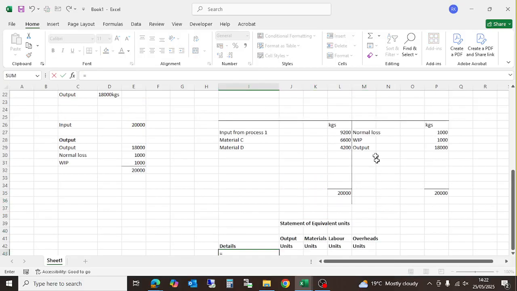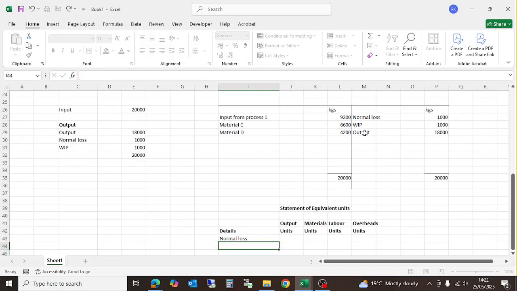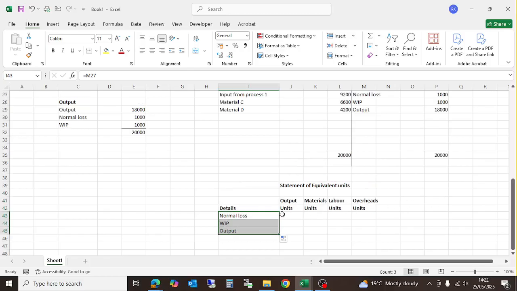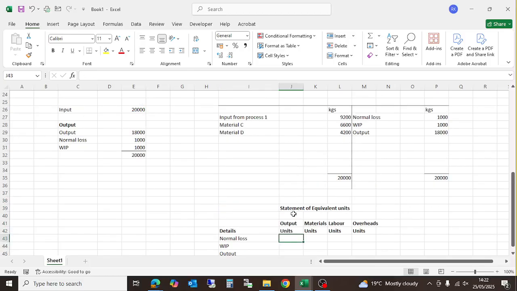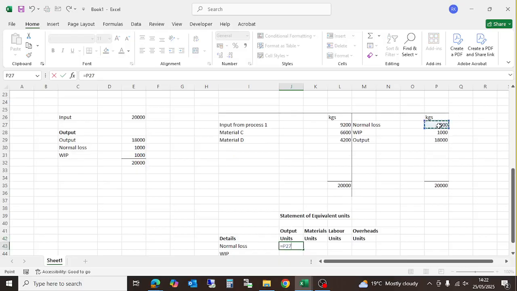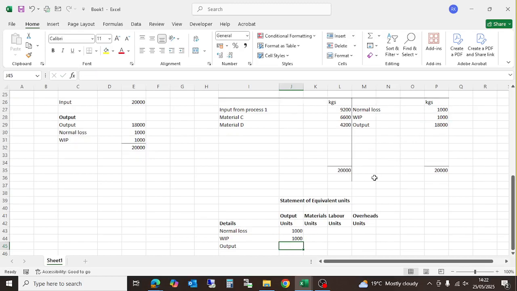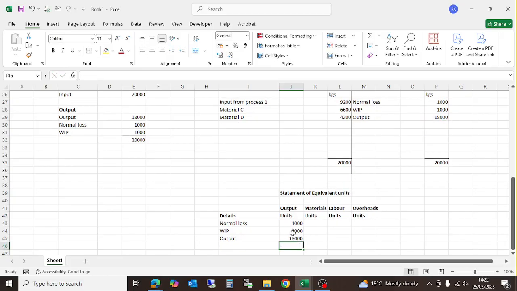Okay, so I'll get the total output and bring it in here. So we have 1,000 kgs for normal loss, and we have 1,000 kgs for work in progress, and we have 18,000 for output. Have you seen how a T account is helping us?